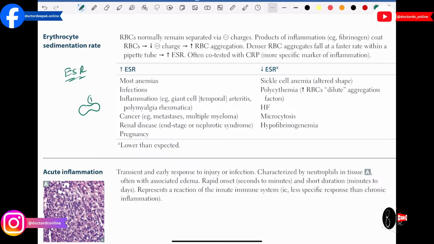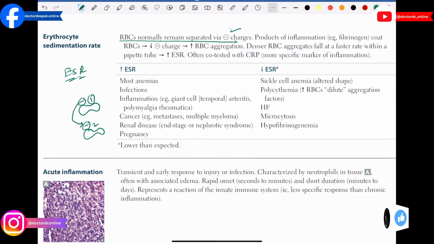Let's suppose this is one RBC and this is the second RBC. These RBCs are not going to stick with each other. Why? Because the RBCs have a negative cell membrane, and negative charges repel each other. So that's why they mention normally the RBCs remain separated by negative charges.